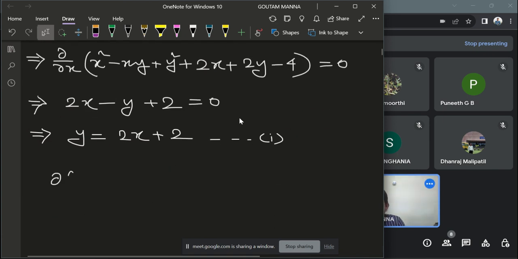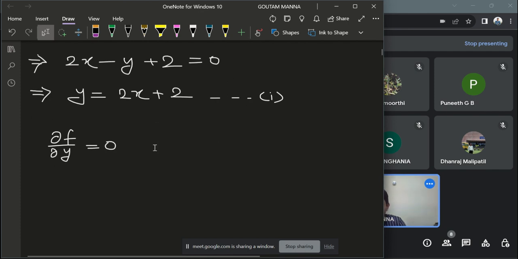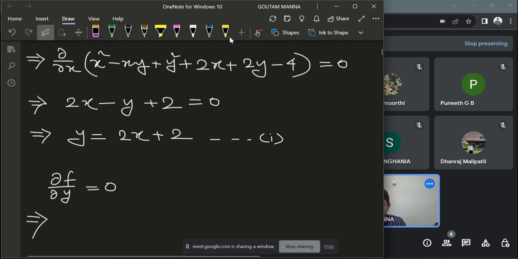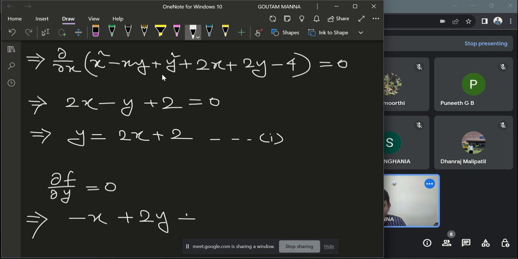And now we will use del f del y equals to 0. If we do del y of this function, the first term del y of x square is 0, then the second term is minus x, the third term will be plus 2y, the fourth term is 0, the fifth term is 2 and the sixth one is 0.